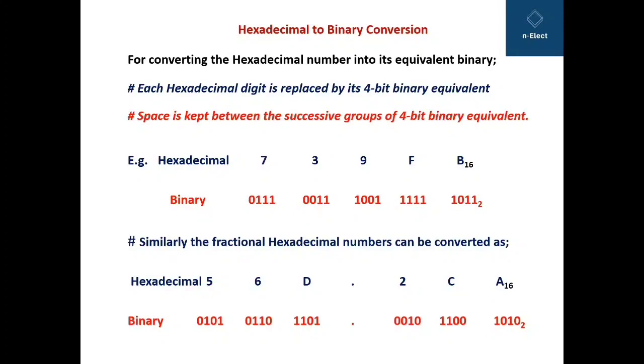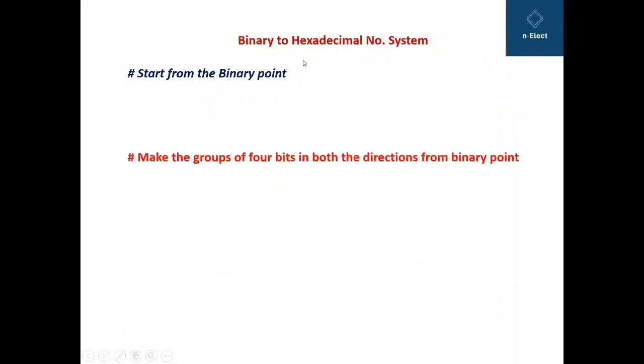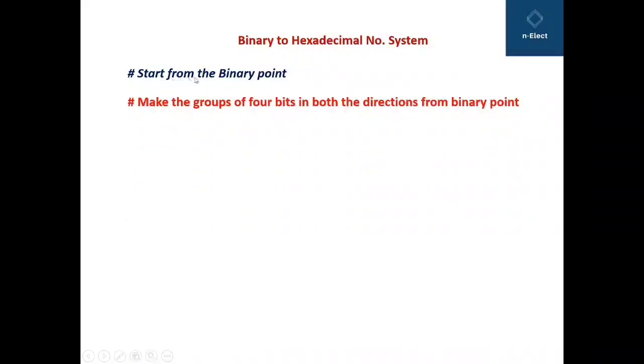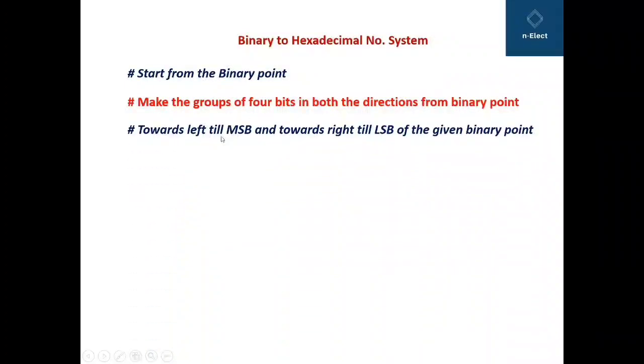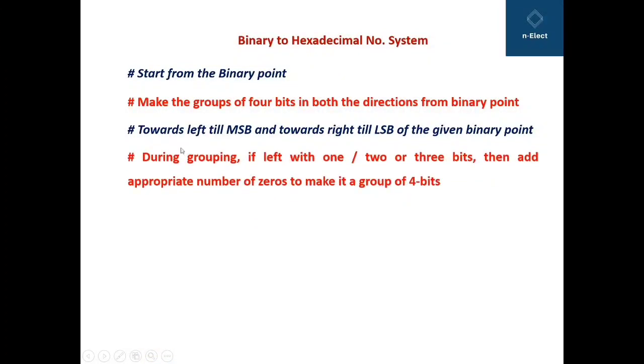So this is how the hexadecimal numbers can be converted into binary directly by making groups of 4-bit binaries. The last conversion is binary to hexadecimal number system. So what is to be done? You should always start at the binary point. When a binary fractional number is given, we have to start at the binary point and make groups of 4 bits in both directions from the binary point, towards the left till the MSB and towards the right till the LSB.